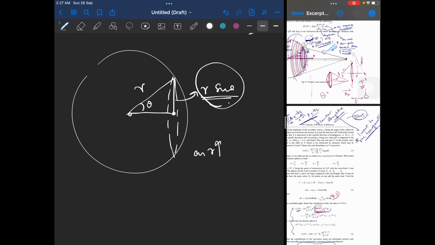Now we have made S in terms of the limits of B plus the zone limits, right? Zone boundaries. Now the zone boundaries are B plus j lambda by 2, which means that j minus 1 and j are the adjacent ones. And why are you integrating within the adjacent ones?